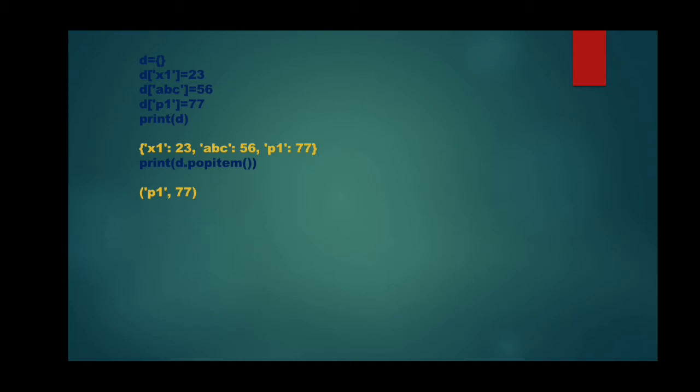After P177 is removed, again if I give D dot popitem, what will be the second last element that was inserted? That is ABC 56. So ABC 56 will be removed. Then again if I give it, it will now remove X1 23. Now the dictionary is empty. If again I give this function, it is going to flash an error.